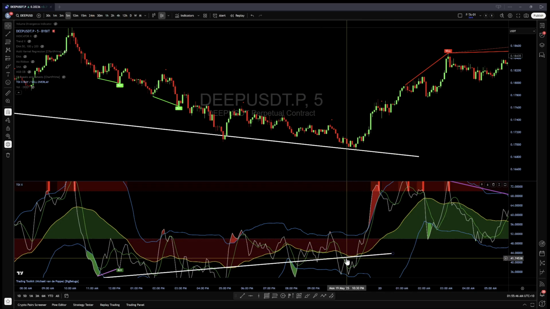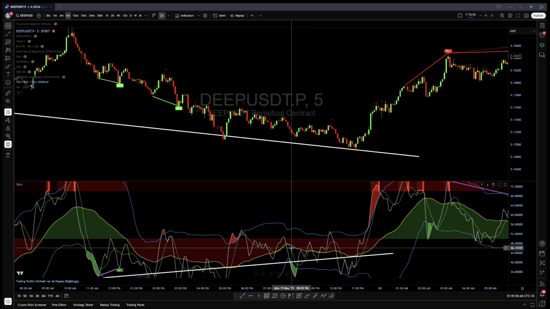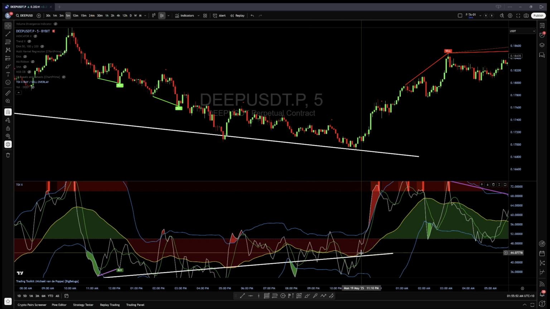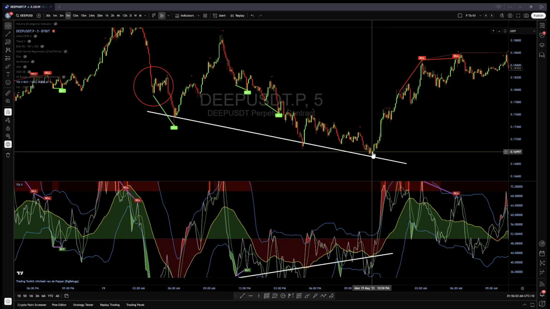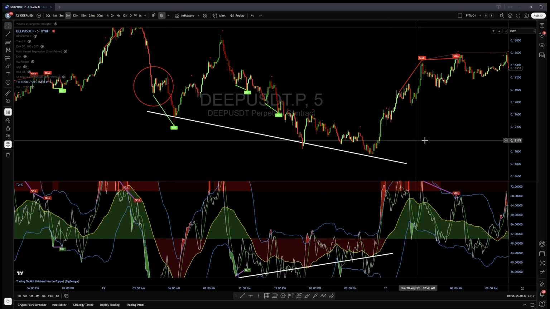And there are ways to have a really good informed guess of when this last one is going to occur, instead of it just kind of going like that. But if you would have entered right here, this would have been choice. And this is very consistent on all time frames.